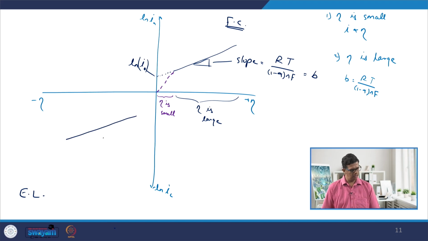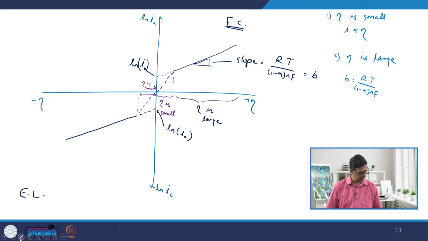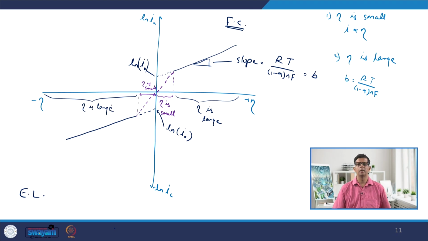So this will be ln of I naught, and for the cathodic current, if we again extend this, this is again the zone where eta is small, and when eta is large, we get a straight line relating the cathodic current and the respective overpotentials.